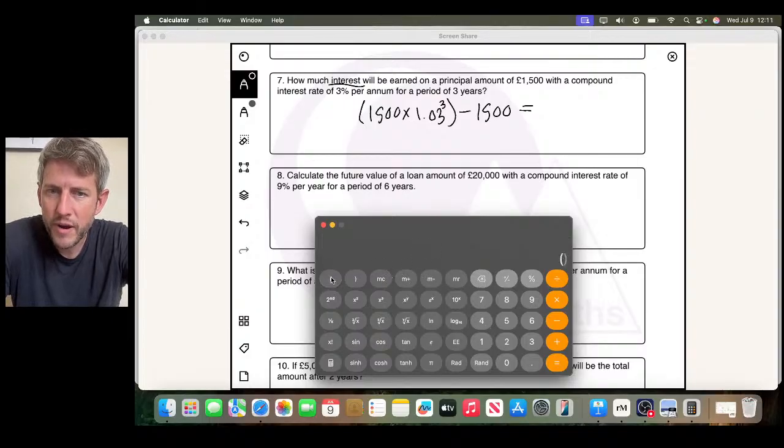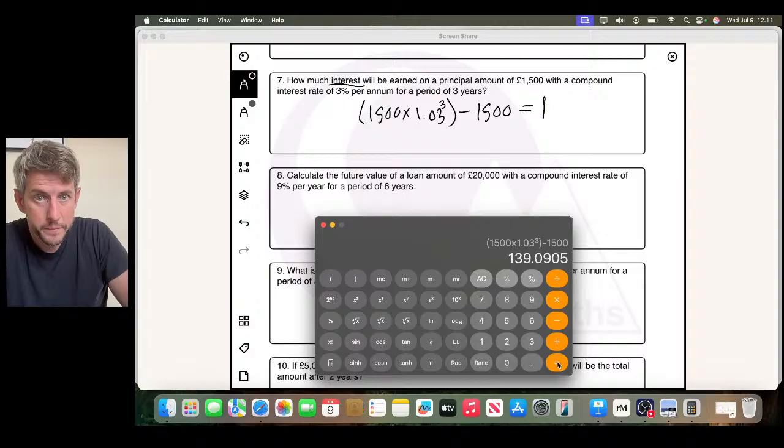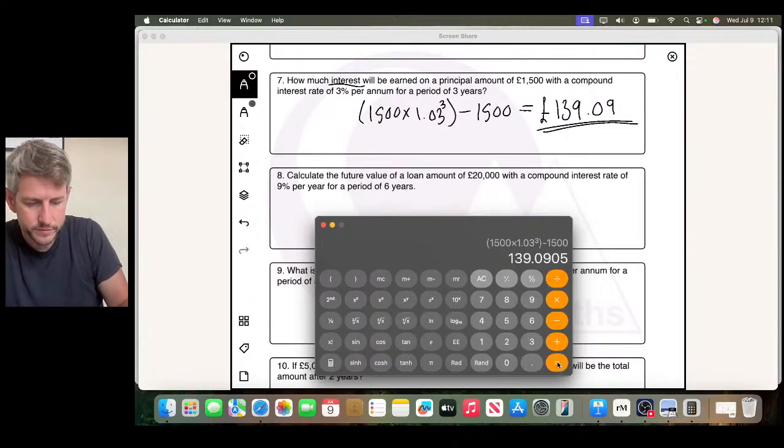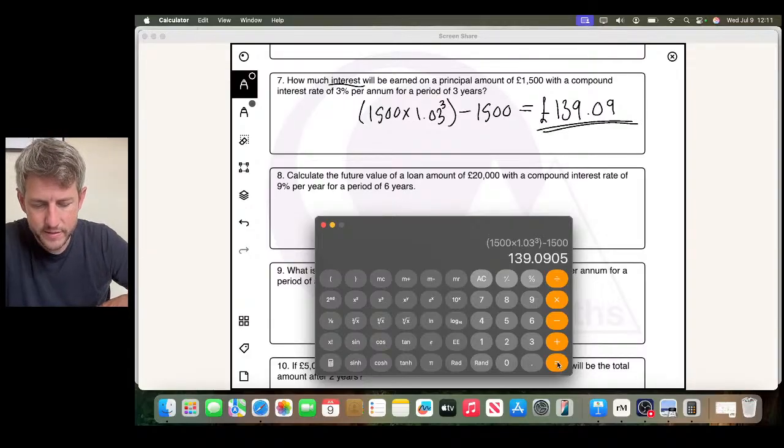So bracket 1500 times 1.03 all to the power of 3, close bracket, and then take away the initial investment. Here we go. This will be £139.09 interest.